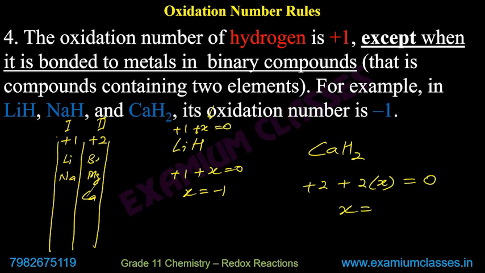X will be -2 divided by 2, that is -1. In these cases, where it is forming binary hydrides. Binary hydrides means there are only two different elements, calcium and hydrogen, lithium and hydrogen. We are not talking about lithium aluminum hydride, because it has three elements. It's not binary, it's ternary.